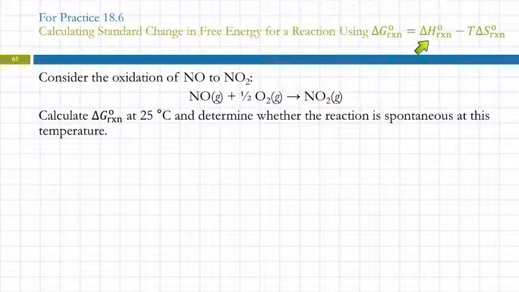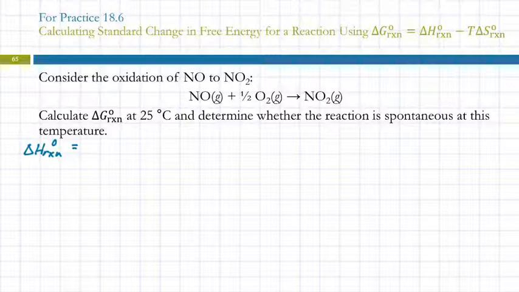We need to calculate delta H and delta S for this reaction. So let's start with delta H. Delta H for this reaction is going to be equal to the heat of formation for NO2. I'm going to look that up in this table.